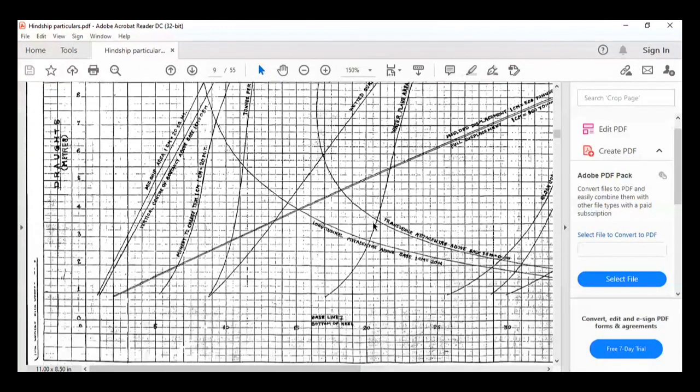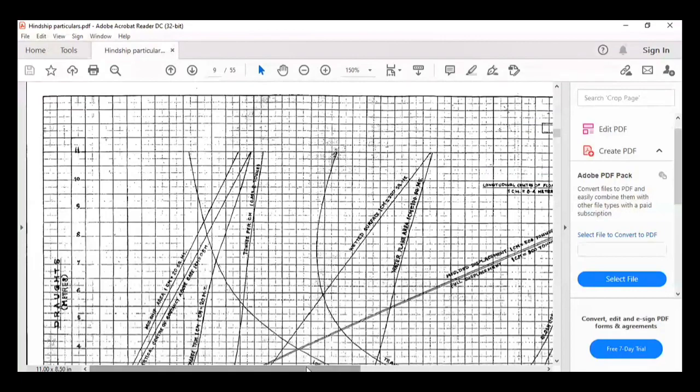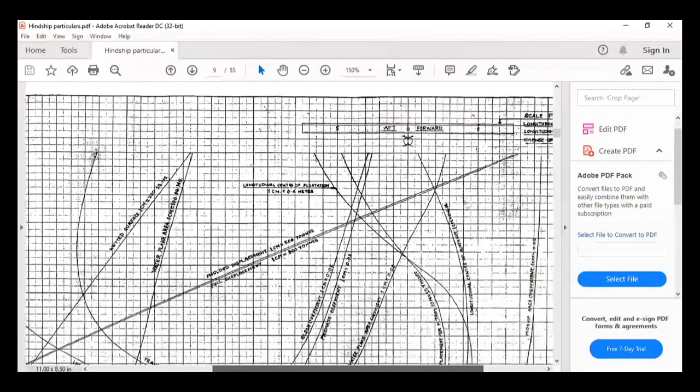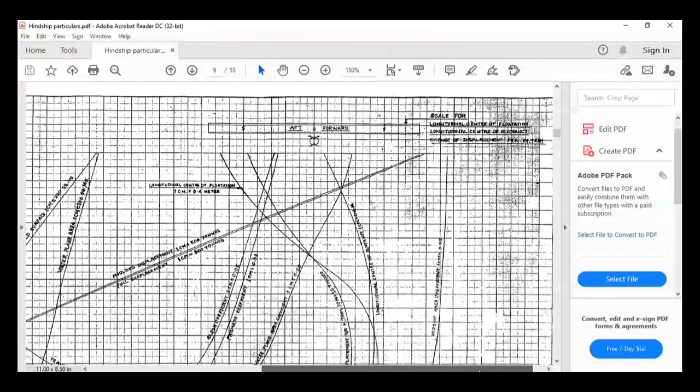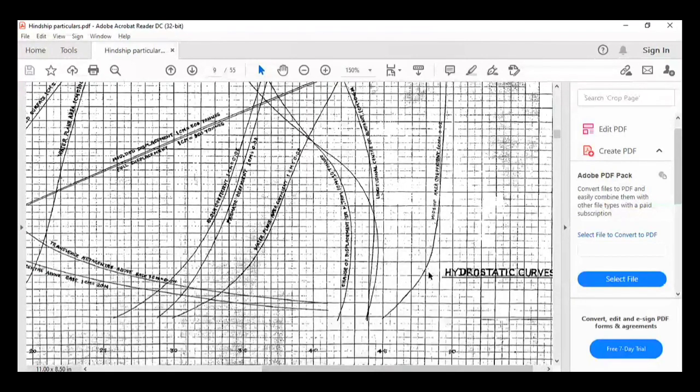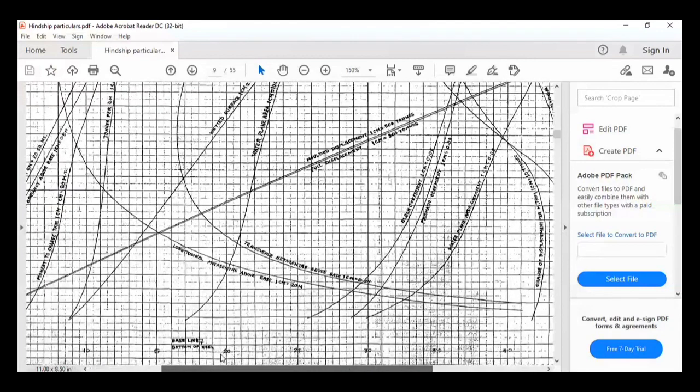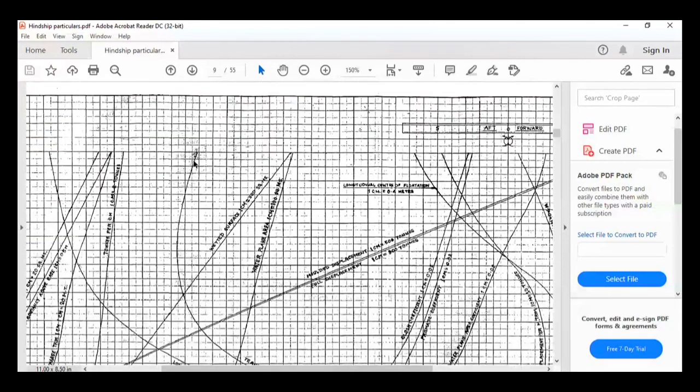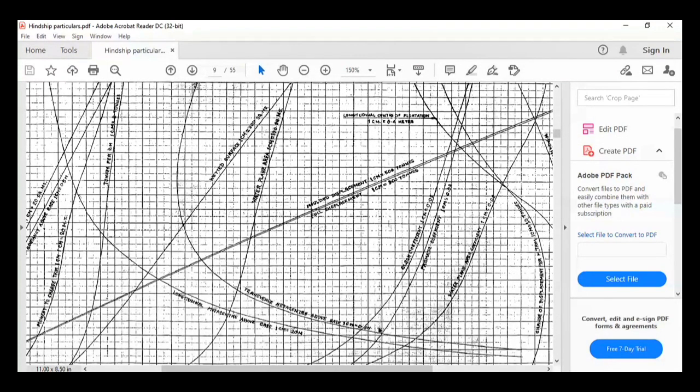This is the TPC. Now I come to the KMT, transverse metacenter. So it's decreasing, and at a certain point it starts to increase. It reverses.